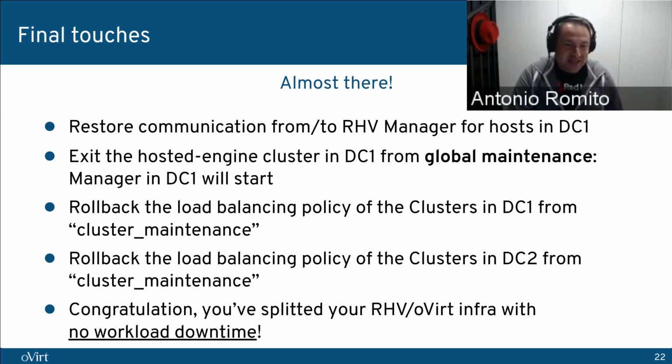We still have to restore communication from and to Rev Manager for hosts in Data Center 1, and then remove the global maintenance for the hosted engine cluster in Data Center 1. By doing so, Rev Manager in Data Center 1 will start automatically thanks to the self-hosted engine cluster.